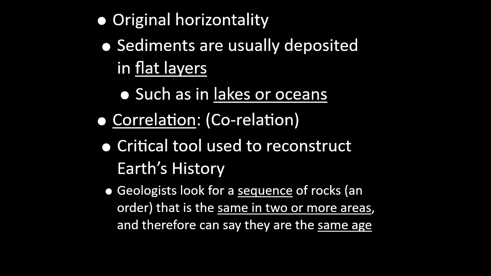Then we have correlation. It's a critical tool that we use because we look for a sequence of rocks, or the order of them, in two or more areas. It could be 2, 3, 4, up to 10, whatever.